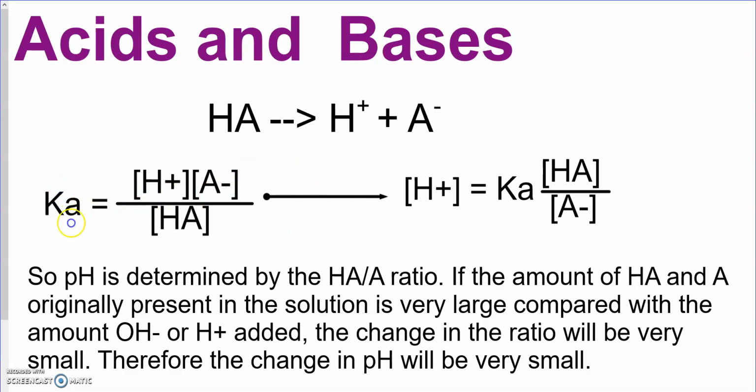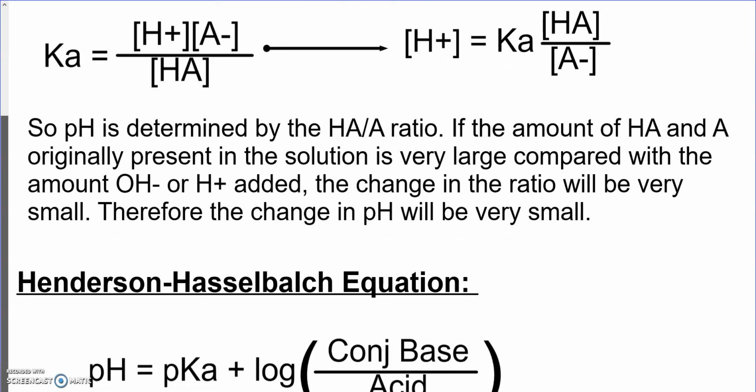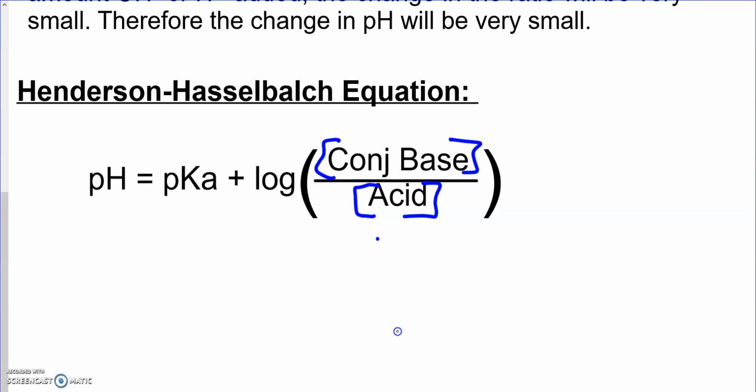I'm then going to take the negative log of it, and what I'm going to get is this guy down here. The negative log of H gives me pH. The negative log of Ka gives me pKa, and because I'm multiplying my logs, I'm going to add the log of my conjugate base over my acid, okay? So this is my Henderson-Hasselbalch equation.